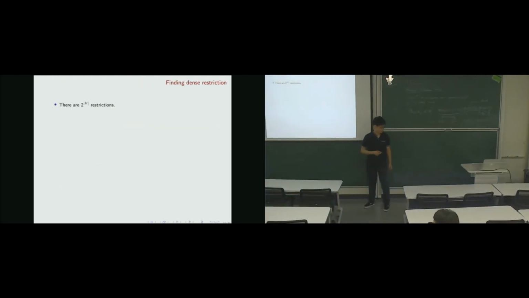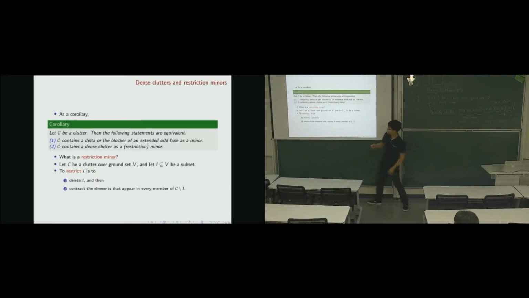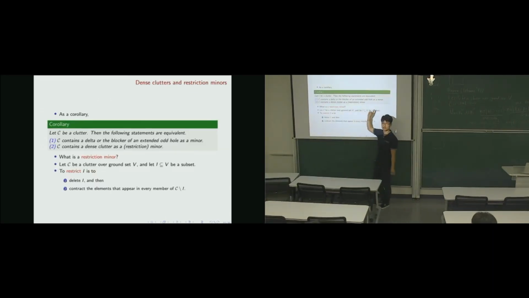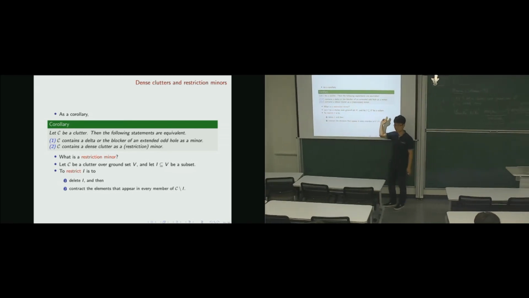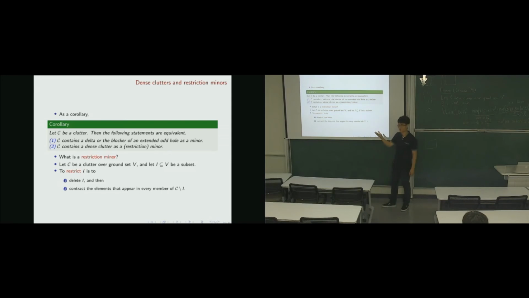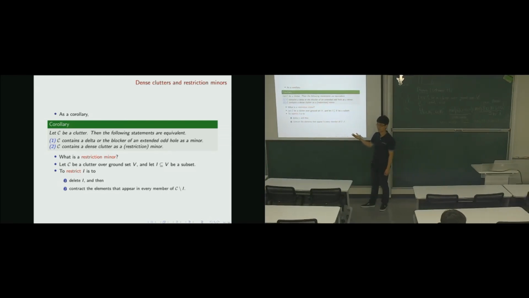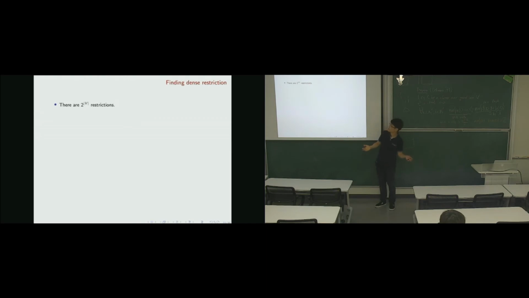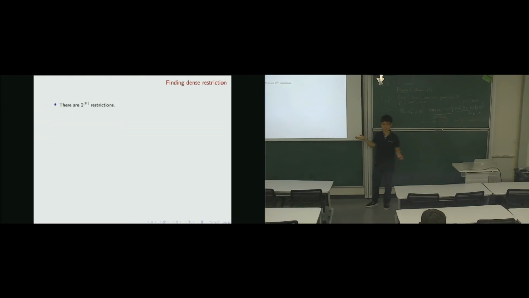So to find the delta or the blocker of an extended odd hole, you just need to look at all restrictions and then see whether they are dense or not. And I told you that testing whether a clutter is dense can be done in polynomial time by solving an LP. But the thing is, there are an exponential number of restrictions, because for each element you can either keep it or delete it, and contractions just follow.